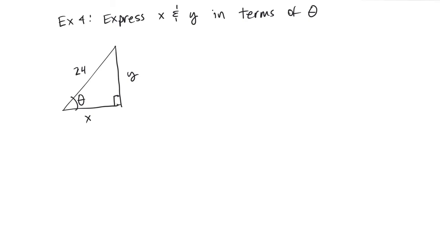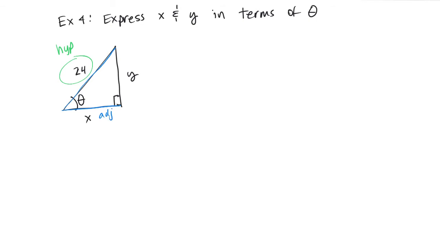Okay, in this one we need to express x and y in terms of theta. So let's start with x. So I have this theta, I have two lines that create my angle. Okay, one of them is the hypotenuse, and then the other one is the adjacent.